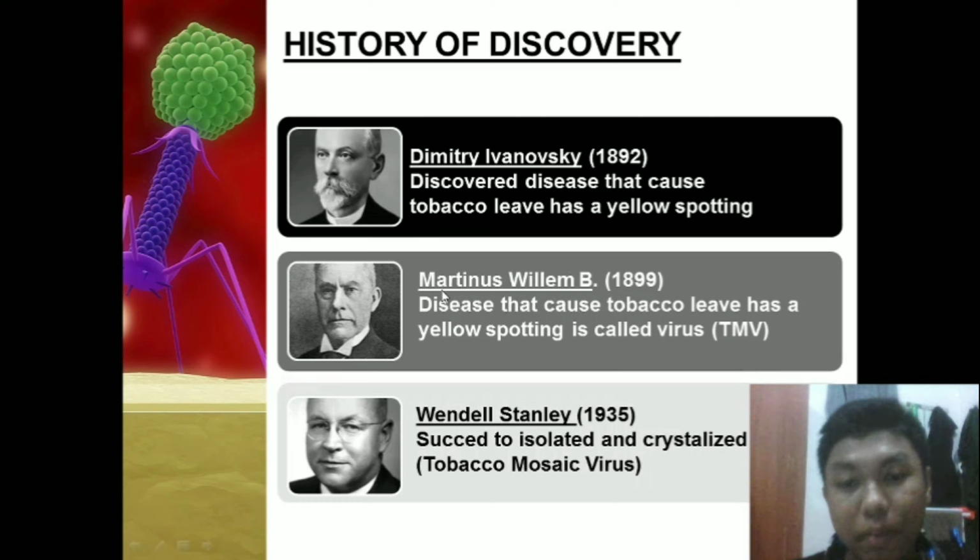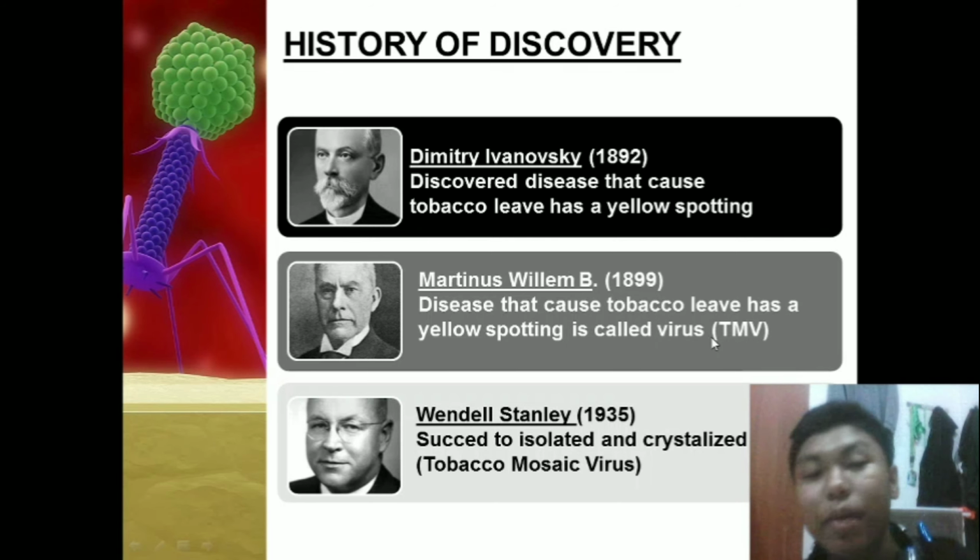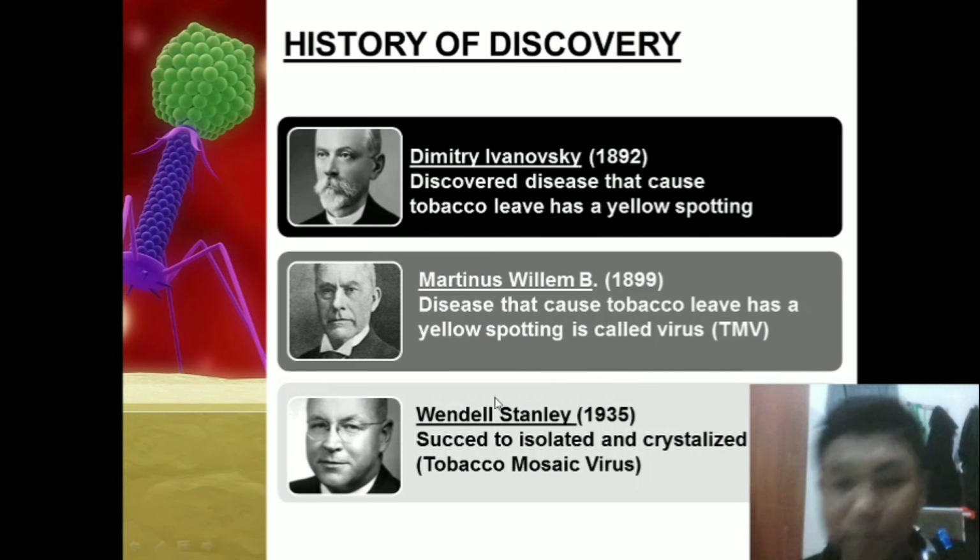But Martinus Willem B in 1899 said that the disease that Dmitry discovered is called virus. The tobacco disease that causes yellow spotting on leaf is called virus, or TMV. TMV is tobacco mosaic virus.